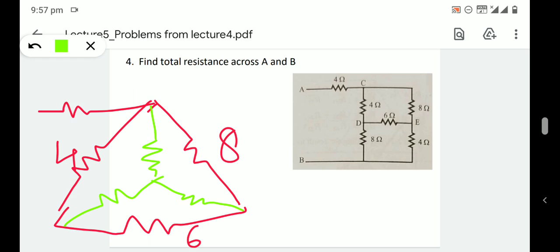Like this, this circuit will change. So this 4, 8 and 6 ohms can be replaced with this connection.